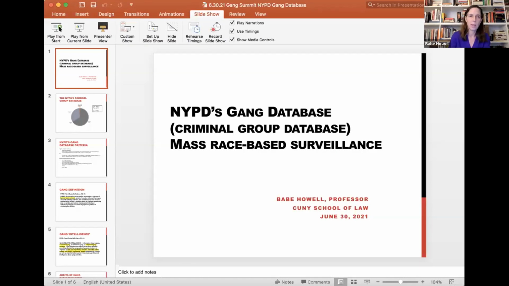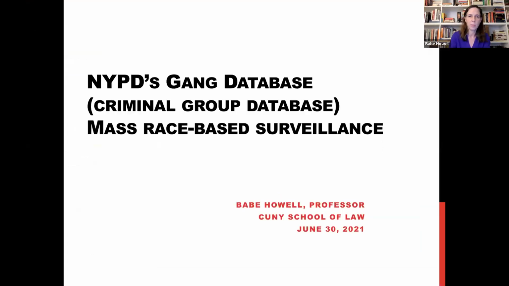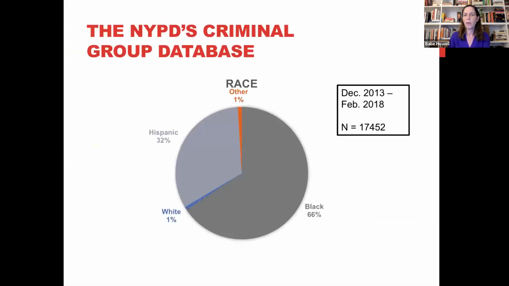I'll walk you through a few of the specific criteria that the NYPD uses. First, you heard this already, but perhaps seeing it in black and white and a pie chart: the NYPD calls this a criminal group database, but they also call it the gang database, and it is 99.2% not white.